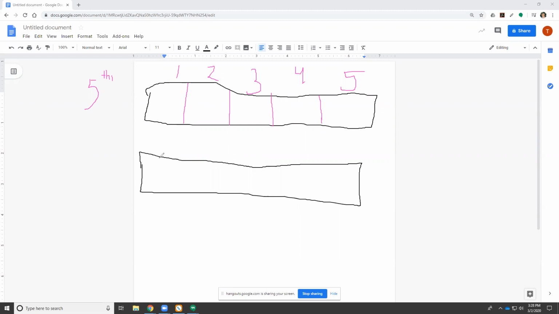Okay, so now I'm going to make this one tenths. And again, I'm abbreviating or making it shorter.